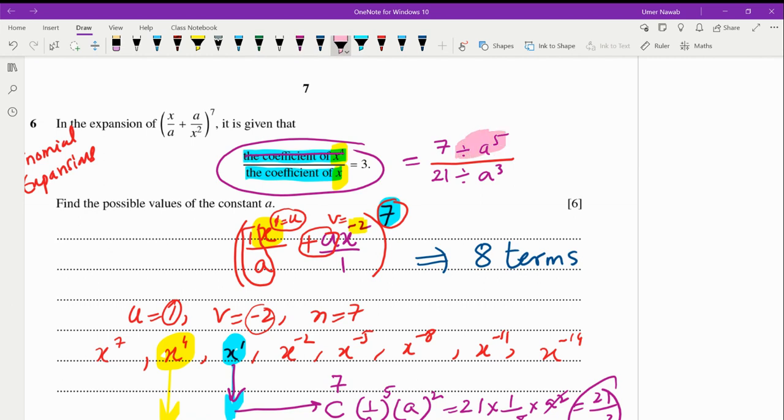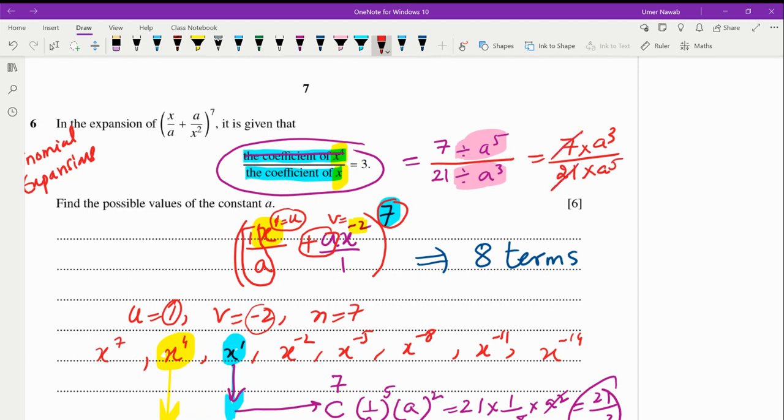Guys, can I change the division sign to multiplication? So this division sign will change into multiplication. So a^3 goes to the numerator, and this a power 5 goes down and becomes a power 5.